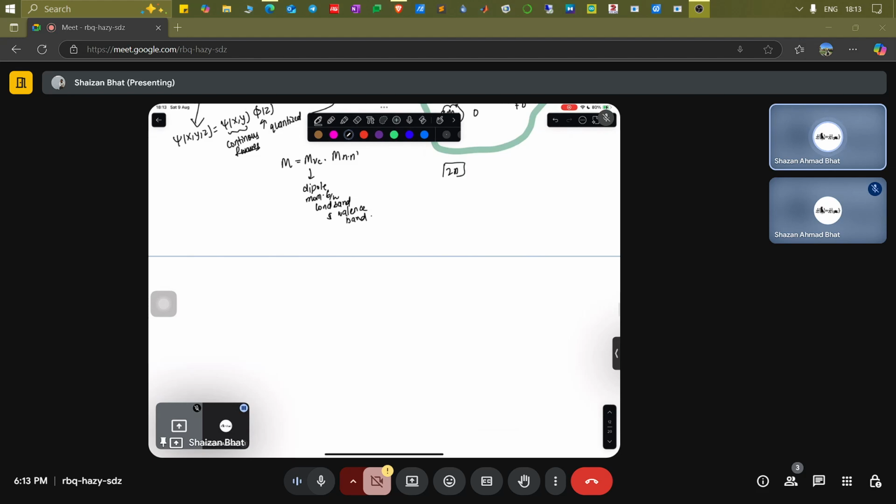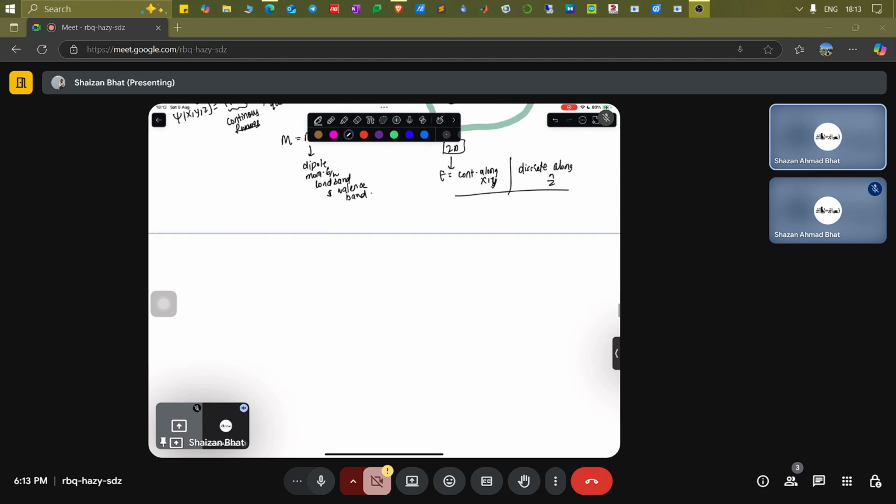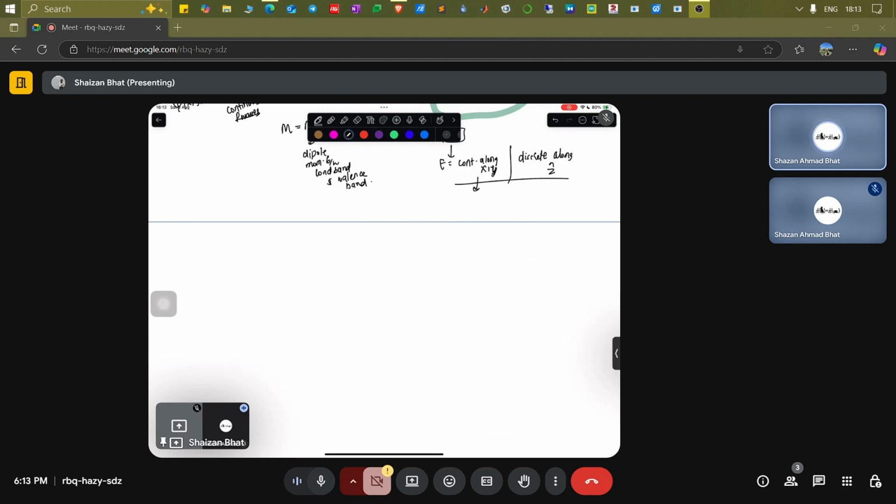When you have a 2D structure, because the energy is continuous along x and y and discrete along z, you will have normal energy bands, parabolic. But along z they are discretized, so you have subbands, n equals 1, n equals 2, and so on.